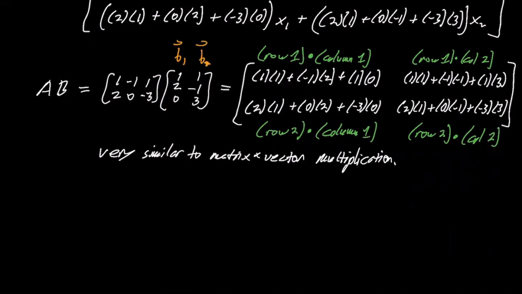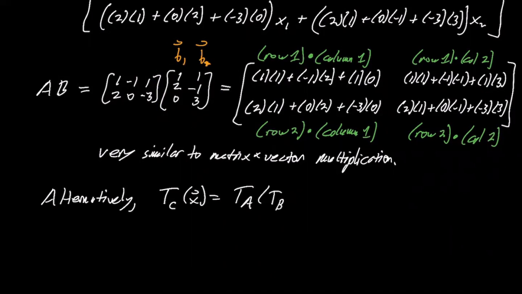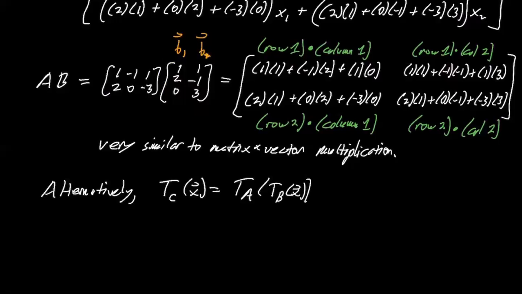Then we can also write T sub C of X equals T sub A of T sub B of X. It's A times BX, right? And we could rewrite BX.